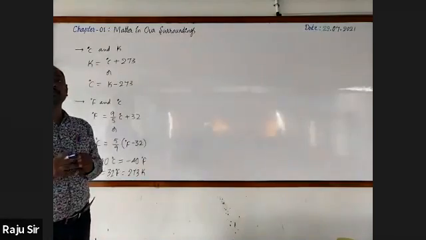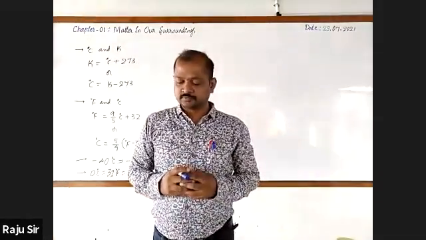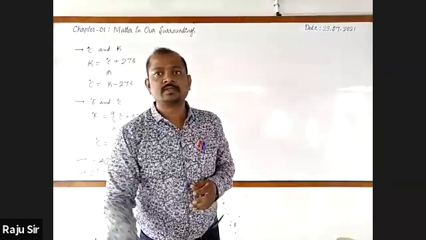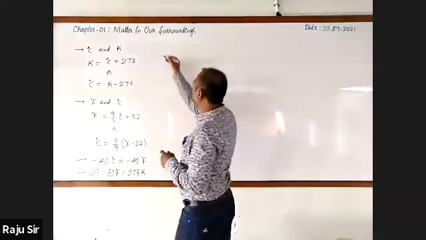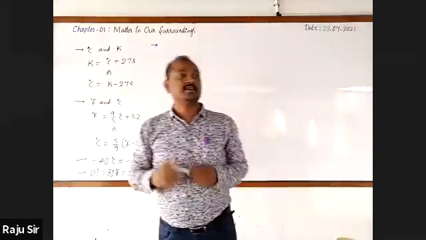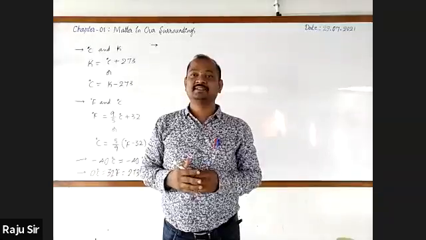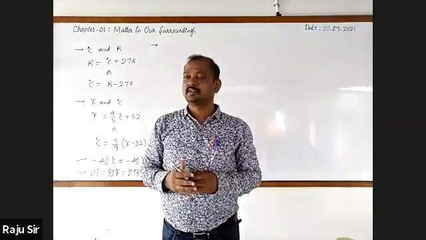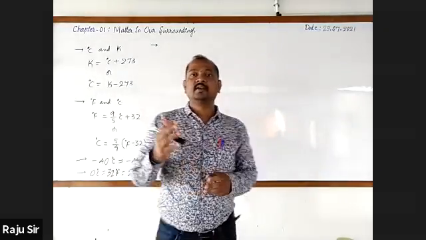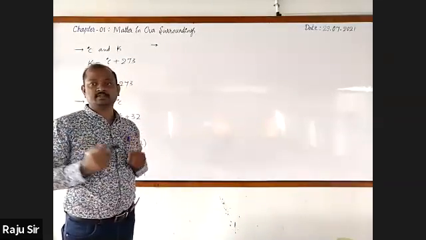Now we are moving to the next concept of this chapter. Dear students, we are very familiar with one of the chemical substances which exists in all the three states of matter: water. Water is available as ice, as solid.